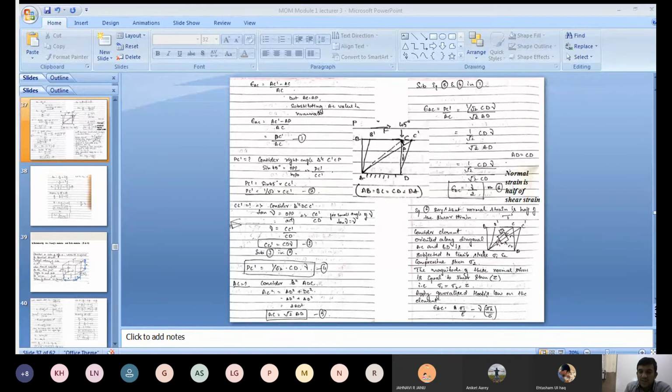The strain induced along the direction is equal to sigma x by E minus mu times sigma y by E minus mu times sigma z by E, right? But here the z direction is not there, only the x and y directions are there. Now epsilon AC is equal to sigma 1 by E minus mu times sigma 2 by E. Again sigma 2, what is its nature? Compressive nature. That is why we get a minus sign here.